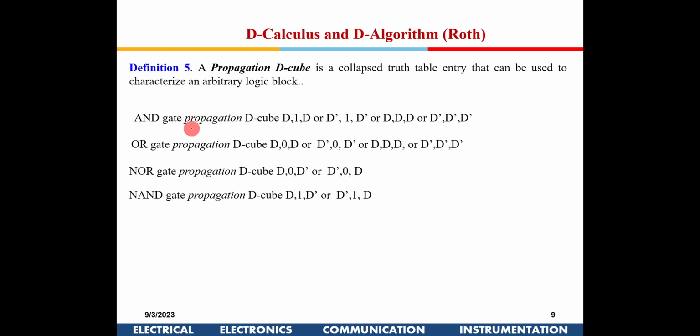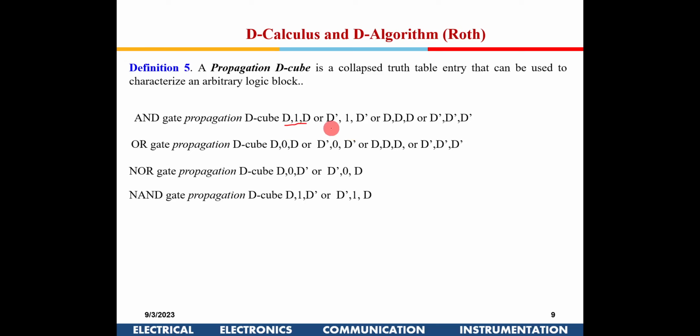Right. So when we are propagating faults in an AND gate, if one input is D and the other input is 1, the output would be D. This is understood, right?